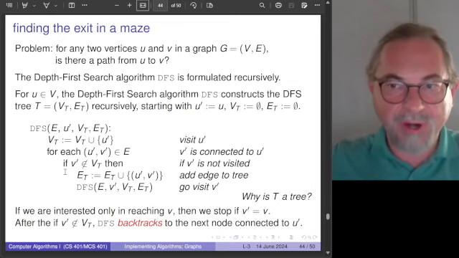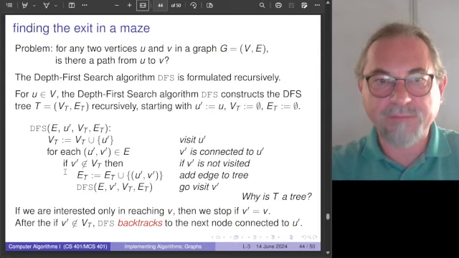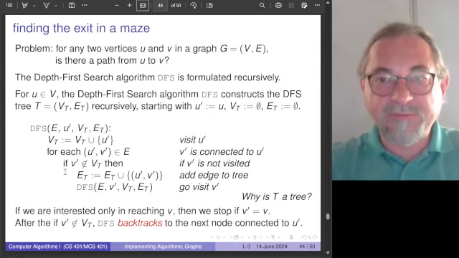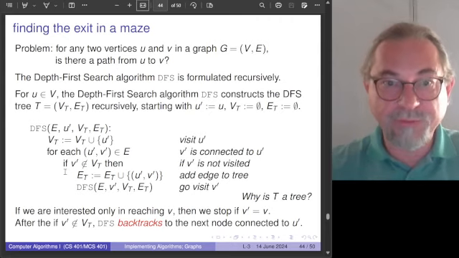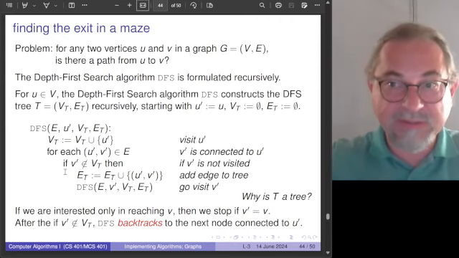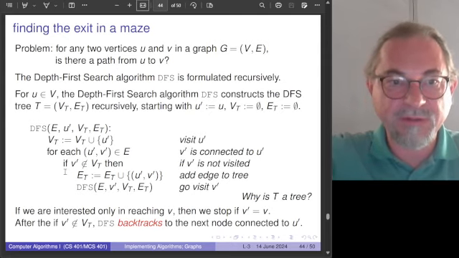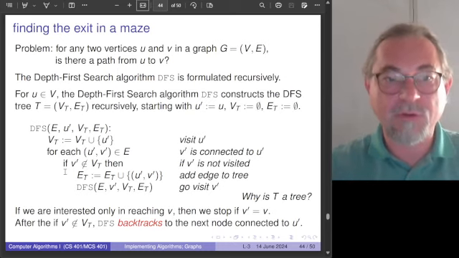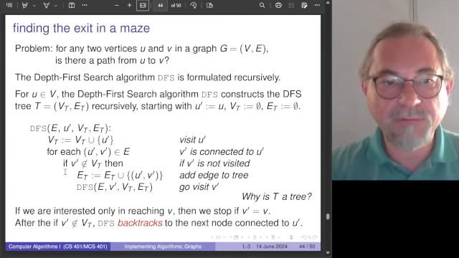So the V primes that you will visit will not have been visited before. If the algorithm would not terminate, then your vertex set would be infinite. So you would always have new vertices to visit, and that cannot be. So the recursive call must stop at some time.